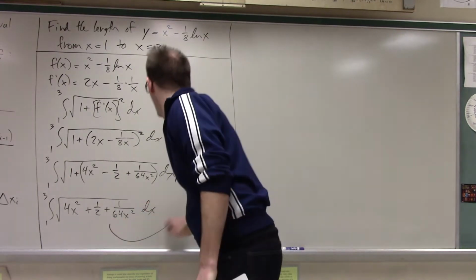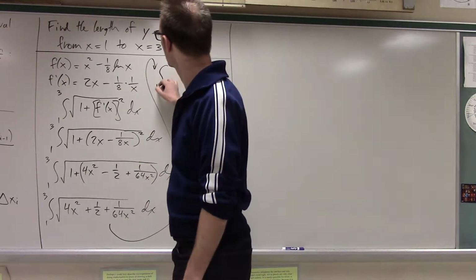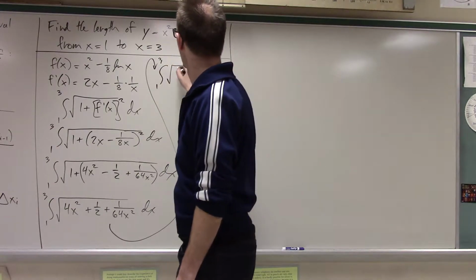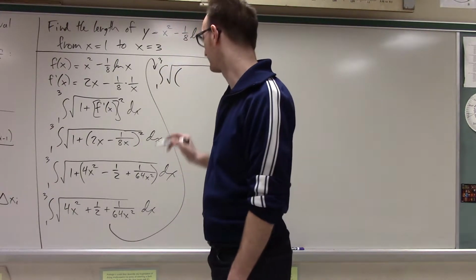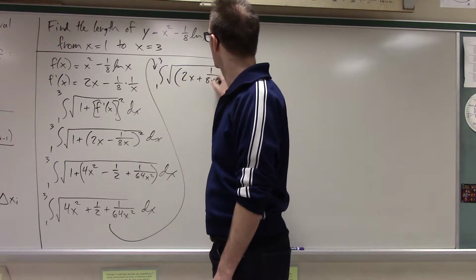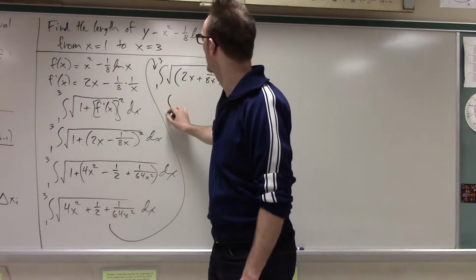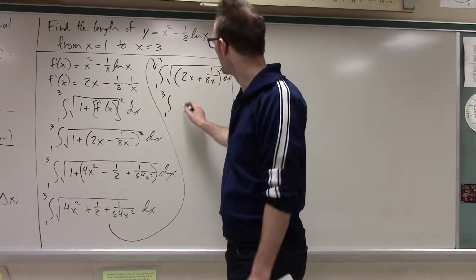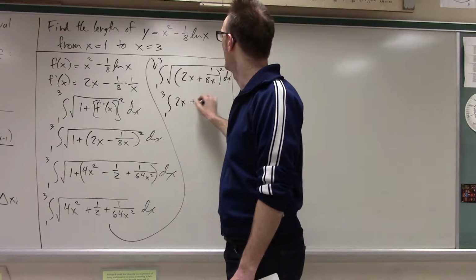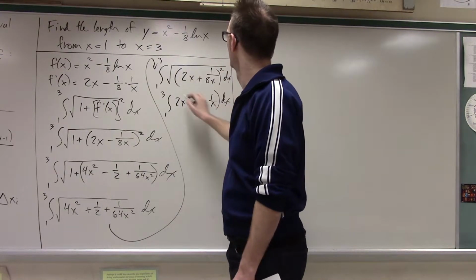And so you just have to recognize that. So really this is the integral from 1 to 3 of root 2x plus 1 over 8x, squared, dx. And so this is the integral from 1 to 3 of just 2x plus 1/8 times 1 over x dx.